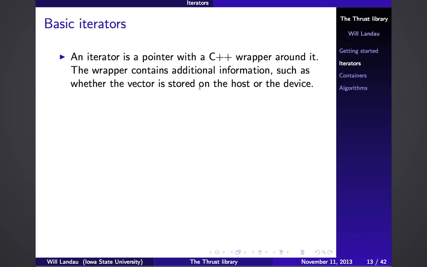The iterator tells you whether this is stored on the host or the device, for example, and that matters a lot because a lot of these thrust functions, like the algorithms that I'll describe later and the assignment operator, are overloaded. So you really need those functions to know whether the vector is stored on the host or the device, and the iterator tells you that.